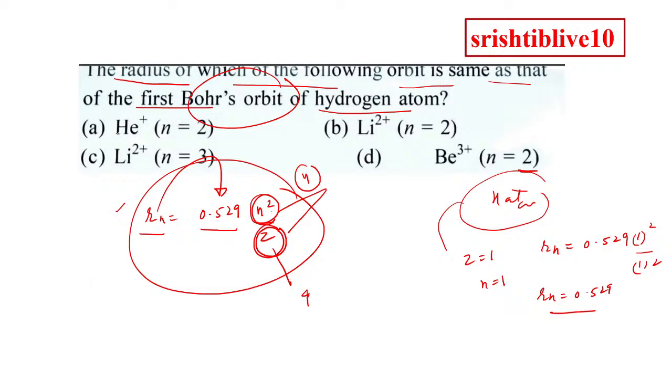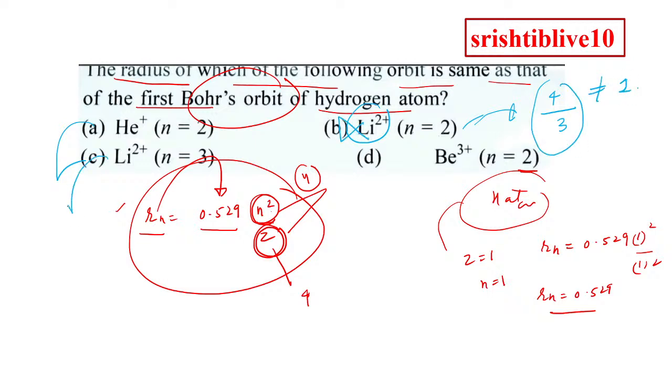But let's verify this with all the options so that we have better clarity and can revise our concepts. For lithium, n square is definitely 4, and what is the atomic number of lithium? 3. So this value is not equal to 1. This is our incorrect option.